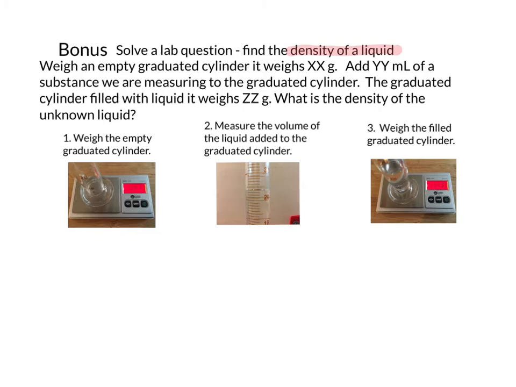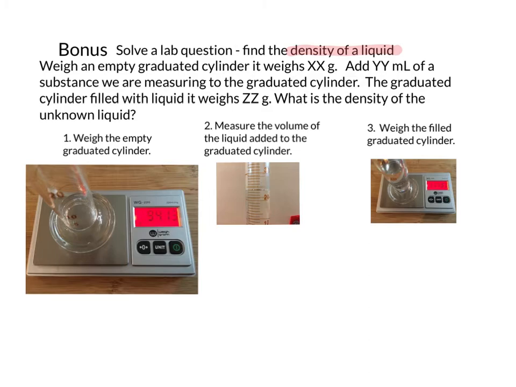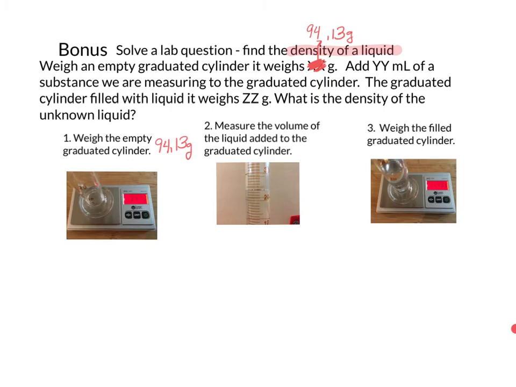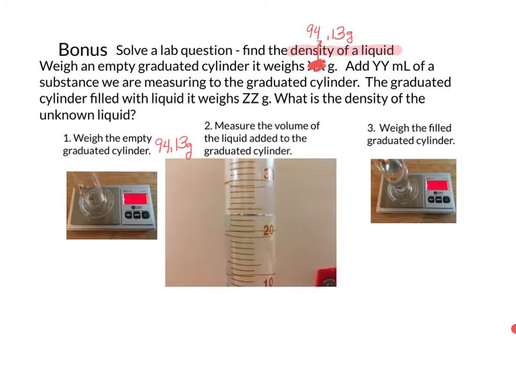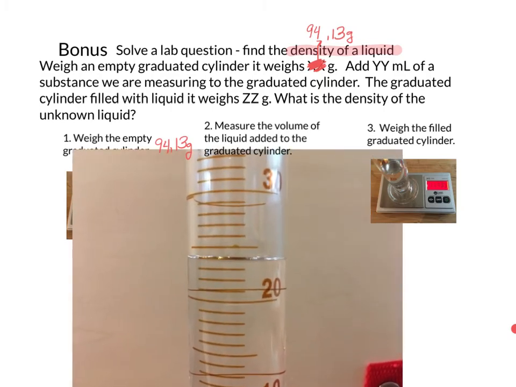Let's use our sample data. First, we'll look at the mass of the empty graduated cylinder. Here we see that it is 94.13 grams. Next, we'll measure the volume of the liquid that was added to the graduated cylinder, and we can see here that it is 24.0 milliliters.